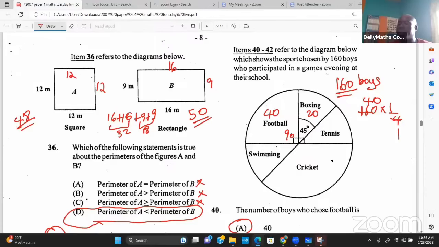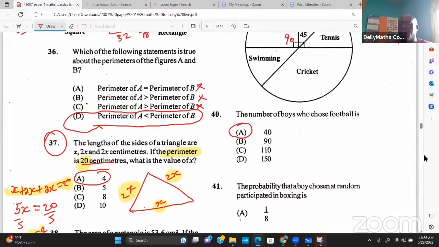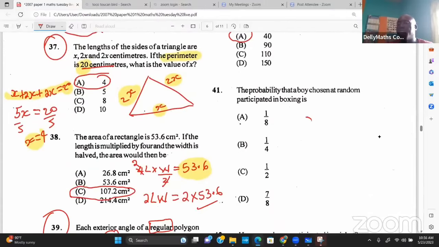So it's 20 persons we're dealing with right there. So if I'm dealing with 20 persons for boxing, 20 out of how many? There are 160. 20 out of 160. Let's cancel. 0 is gone. 2 into itself, 1. 2 into 16, 8. So I'm looking for 1 over 8 as my answer, and here it is.